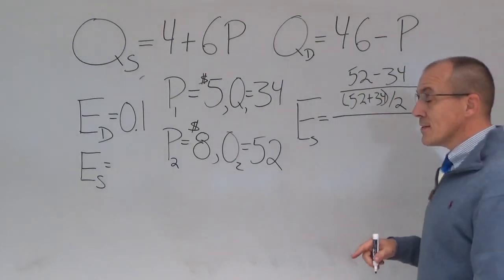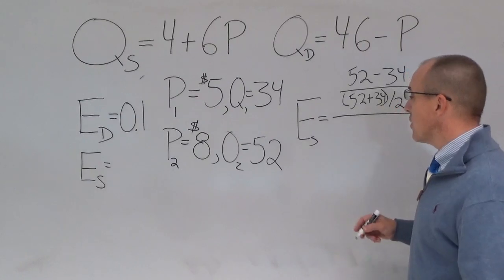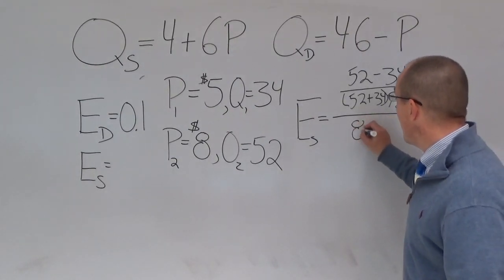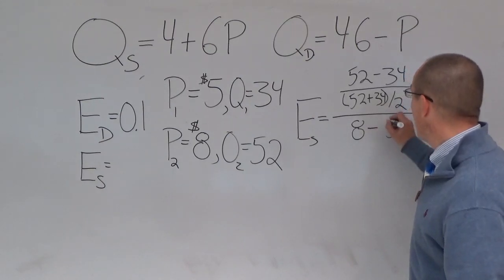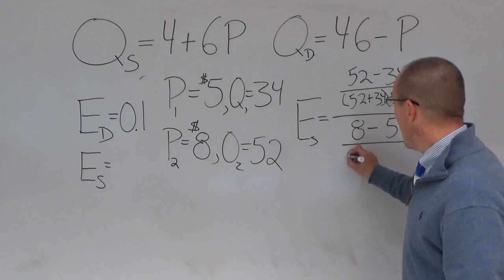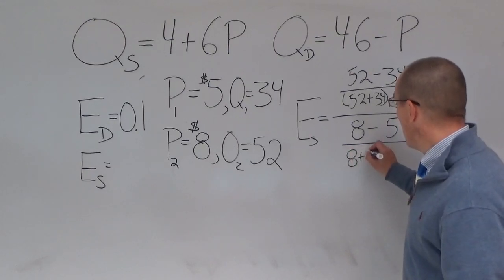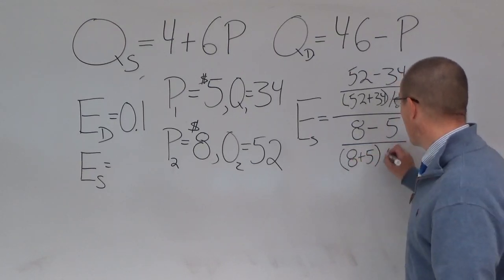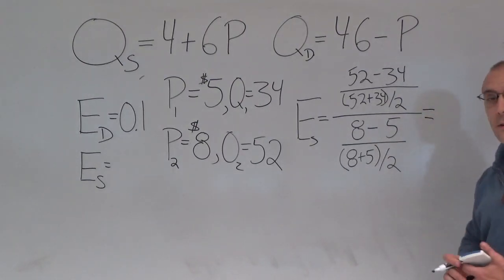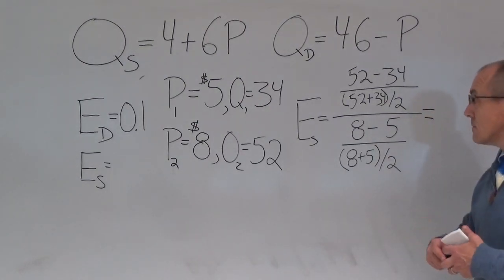And then we'll do my price. Now I've already done my price earlier, but we'll just run through it again to make sure. I will have my 8 subtract 5 all over 8 plus 5 in brackets divided by 2. And so I will calculate this out again now.